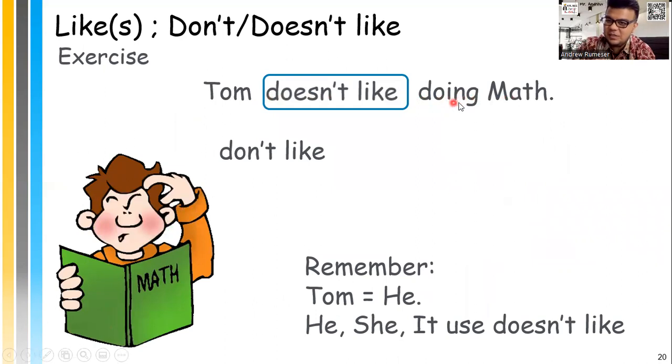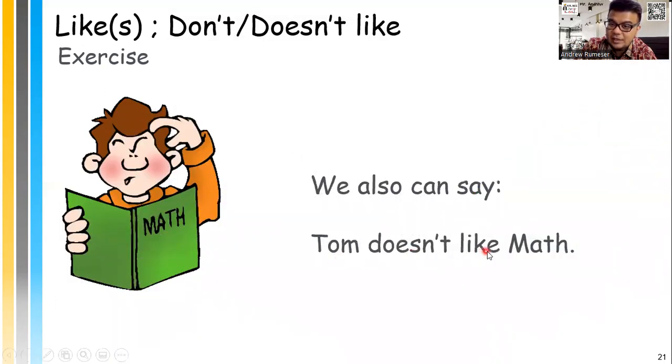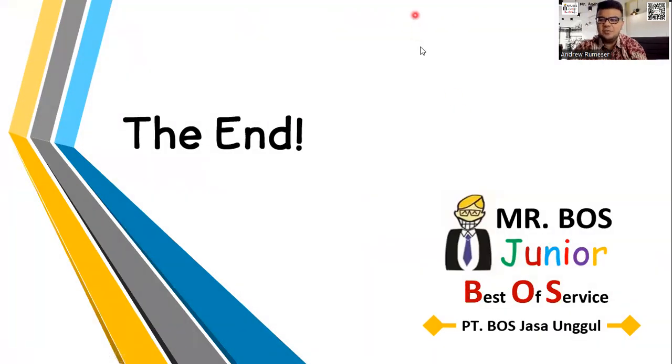So doing is do plus ing. We're using a what? A gerund or a noun? A gerund. That's right. Gerund is verb 1 plus ing, right? Tom doesn't like doing math, but we can also say Tom doesn't like math, right? No gerund, but what is math? The gerund or the noun? The noun. That's right. Okay, everybody, that's the end of our lesson. Thank you so much. Goodbye.